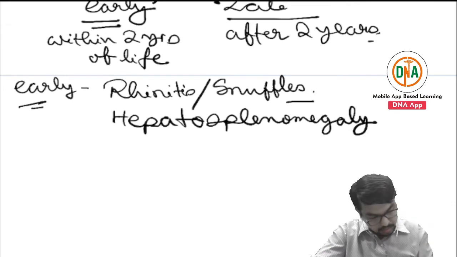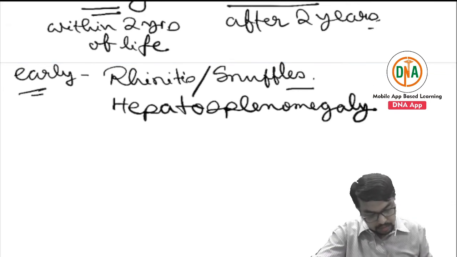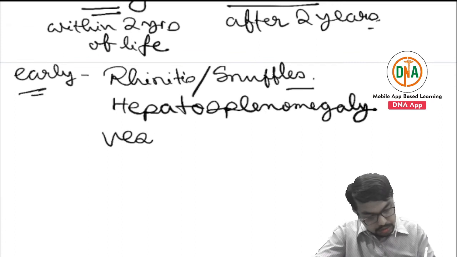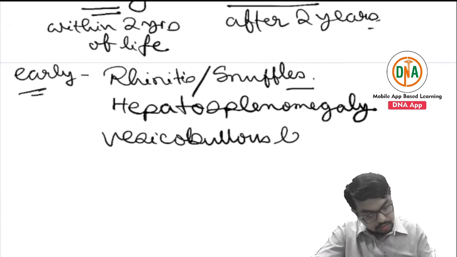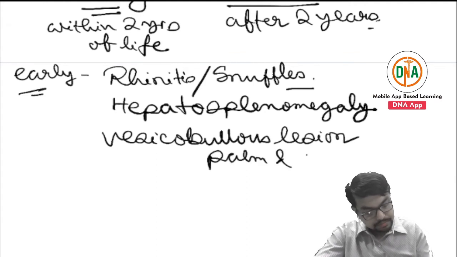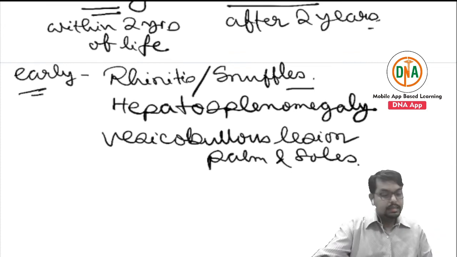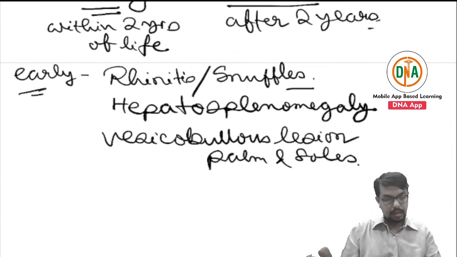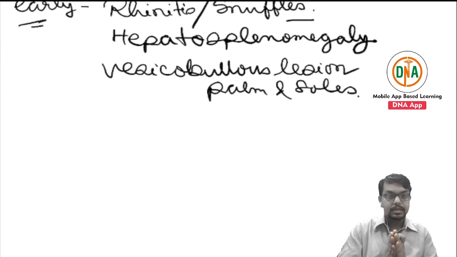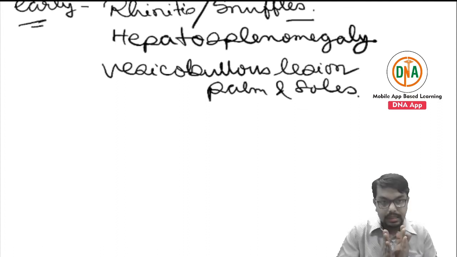Next is vesicobullous lesion over palms and soles. See one thing, as we have discussed, in primary syphilis there is genital ulcer.